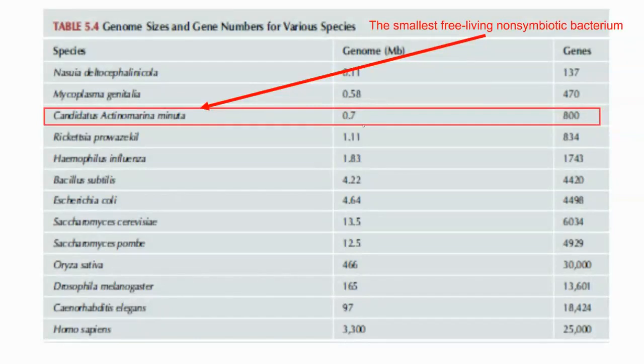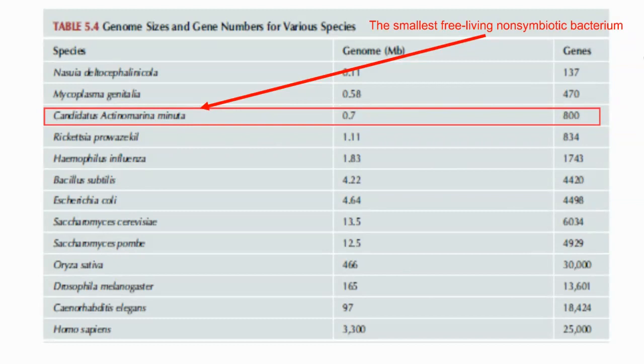And this is just to demonstrate the smallest free-living non-symbiotic bacteria, right? The genome is about 0.7 megabase, and has 800 genes.